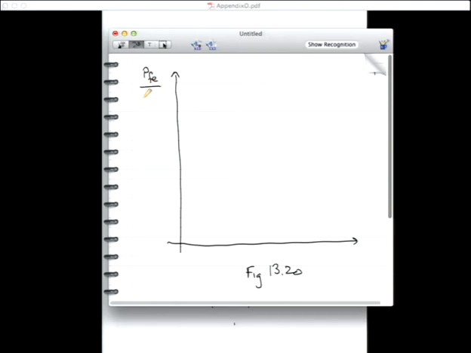So this is divided by ACLM, the core volume. And then on this axis is delta B, and these are log scales. So this is a log plot. And it has lines for different switching frequencies. So it might have this one for FS is 100 kilohertz, and another one that's FS is, say, 200 kilohertz, and so on.